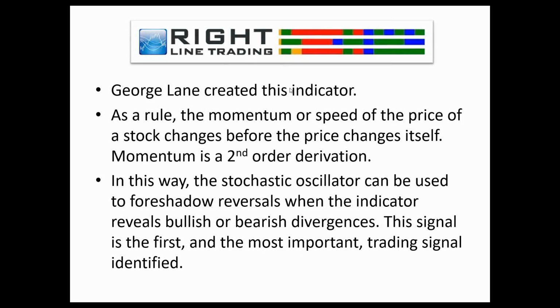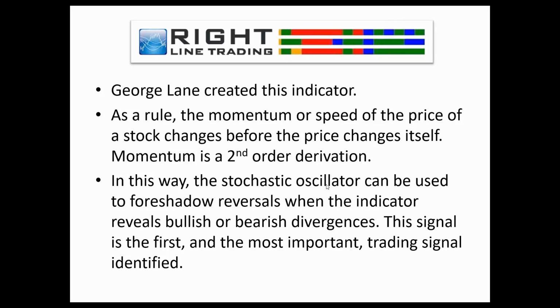Just really quickly, because I don't want to get bogged down in this, George Lane created the stochastic oscillator in 1957. When he created it, and I'm going to make this much briefer than I normally do, it was an oscillator that he used simply to trade divergence. He did not use this to track the direction of price. He looked to fade the market only on a divergent signal.